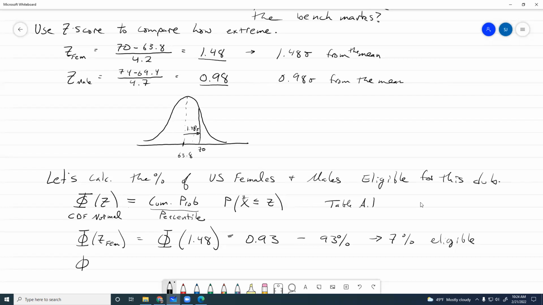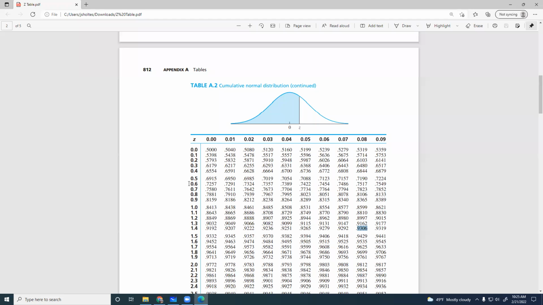And then we'll do phi of z male. Go back to that table: 0.98 gives 83.6, we'll say 84%.